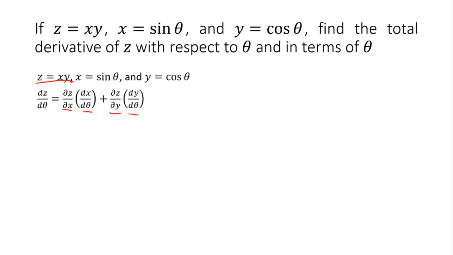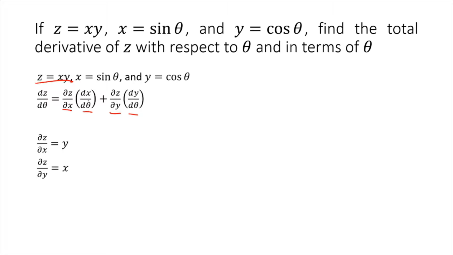Looking at this equation, we should hold y constant. Therefore, the partial derivative of z with respect to x is y. Next, the partial derivative of z with respect to y. Looking at z equals xy, this time holding x constant, the partial derivative of z with respect to y is x.